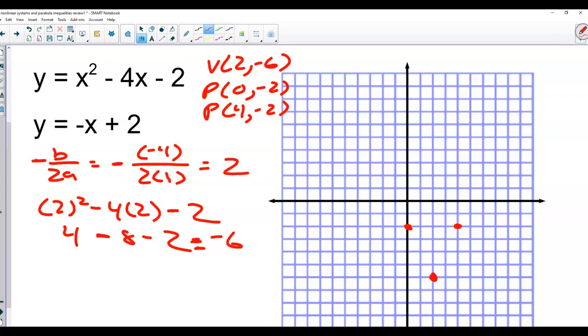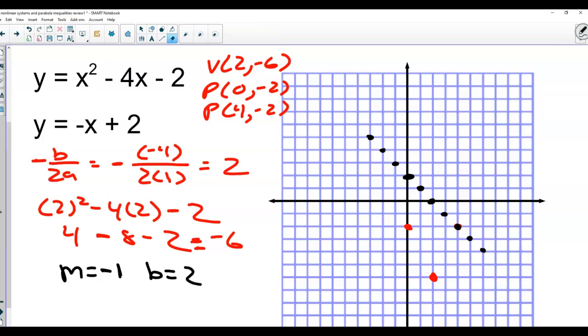Now, when I go to graph my line, my slope is negative 1, and my y-intercept is 2. Here's the y-intercept of 2. My slope of negative 1: up 1, left 1, up 1, left 1, up 1, left 1, down 1, right 1, down 1, right 1, down 1, right 1. There we go. There's a point right there that's intersecting.